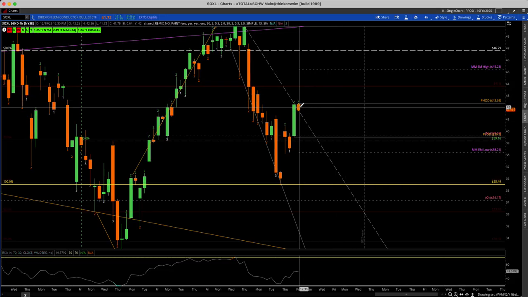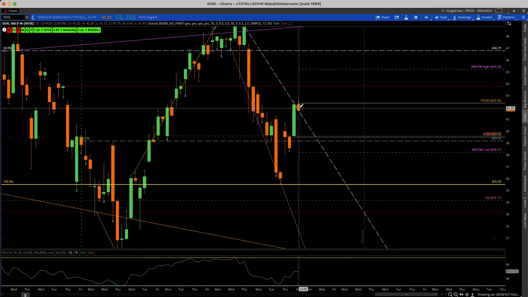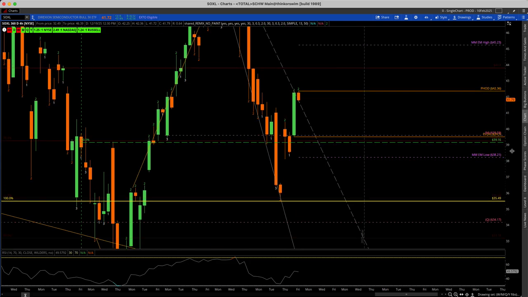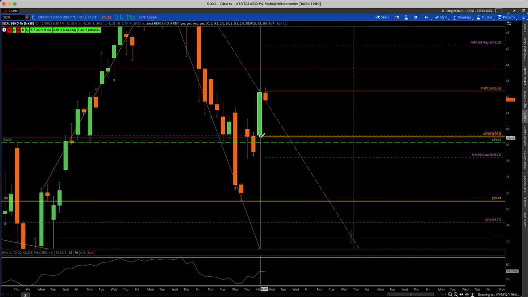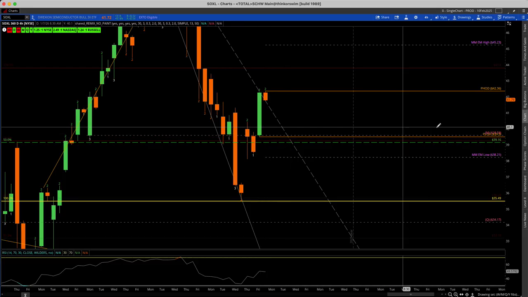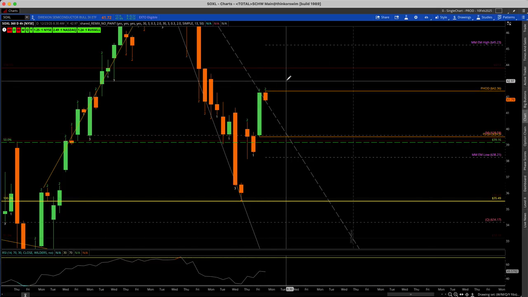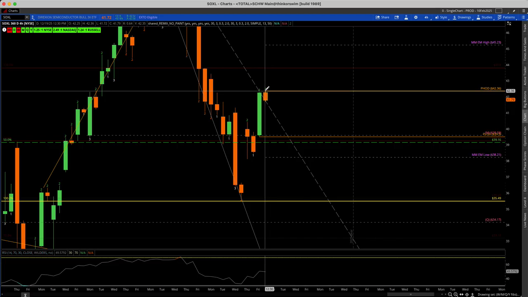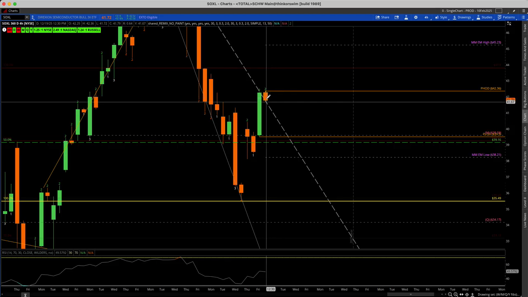Just talking about the 4 hour perspective, if we do breach to the downside, that gives us a 2 up, 2 down, and target entry obviously is going to be the low of the second 4 hour candle from Friday, and then the exit is going to be the low of Friday. To the upside, we would have a 2 up continuation, with a very clear entry, but we don't have a clear exit like with the 2 up, 2 down reversal to the downside.